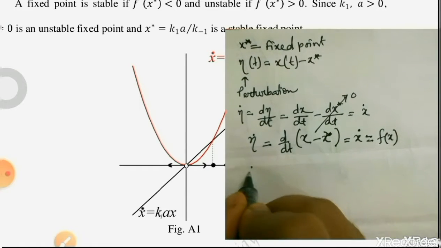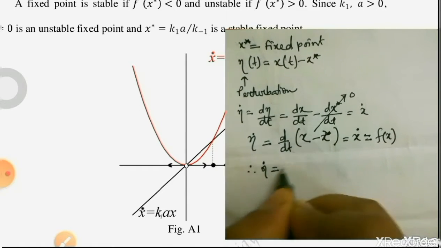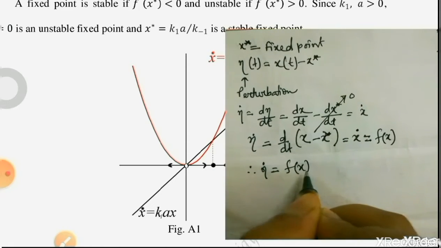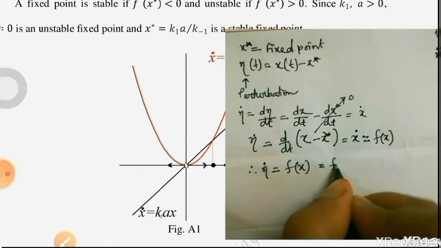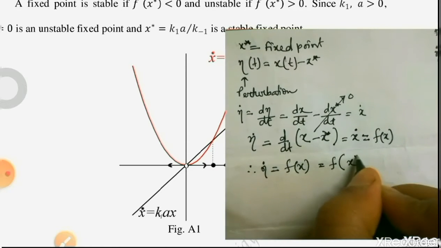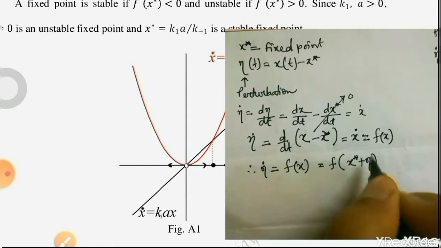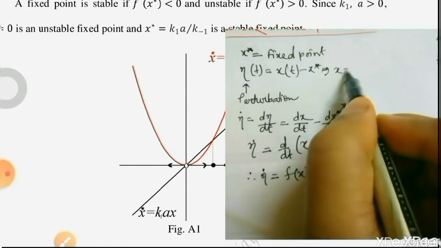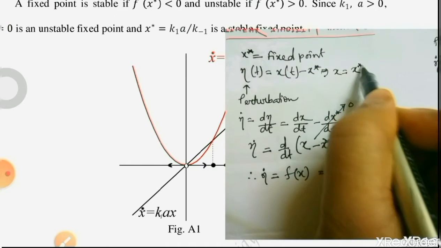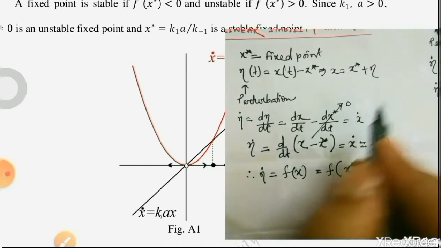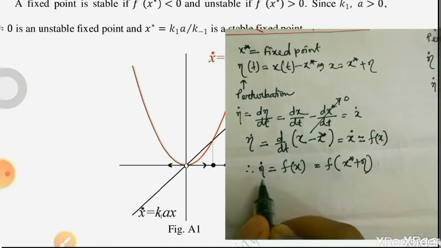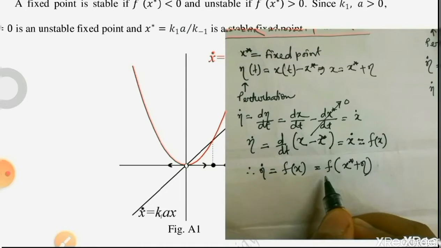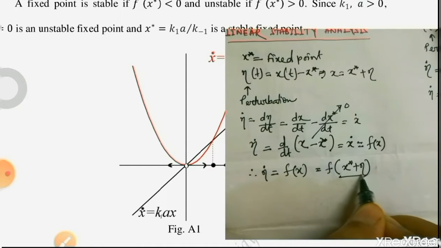Therefore eta dot becomes f of x, which equals f of x star plus eta, since x equals x star plus eta.